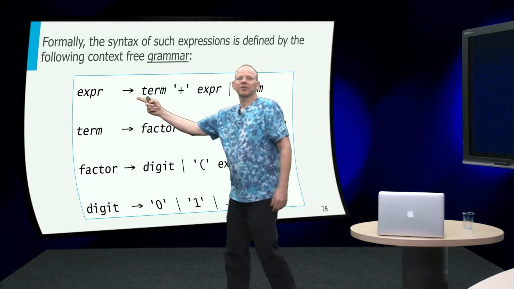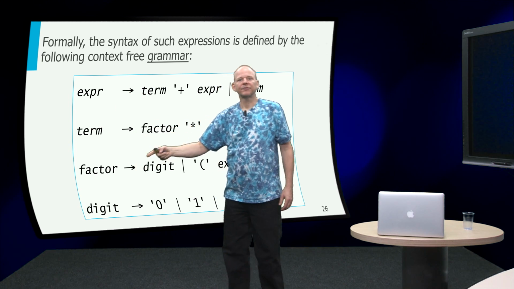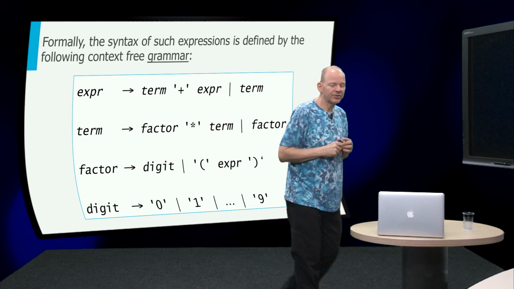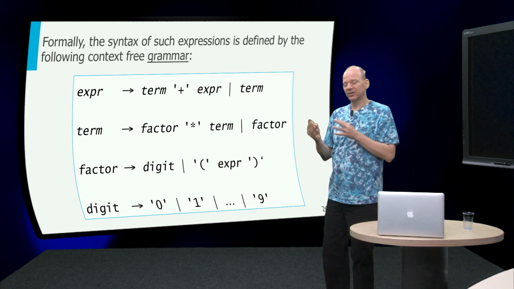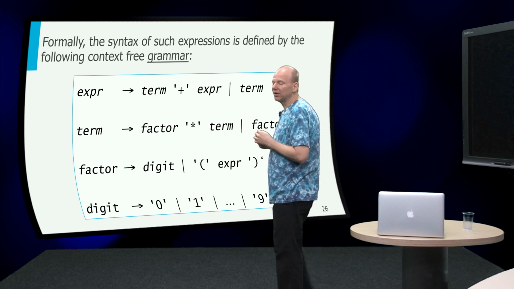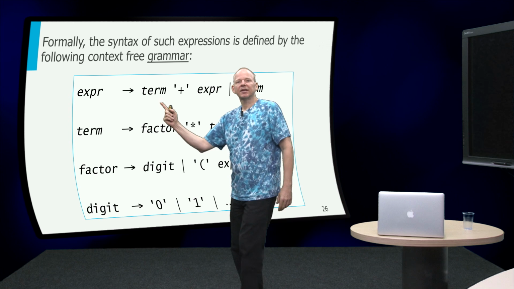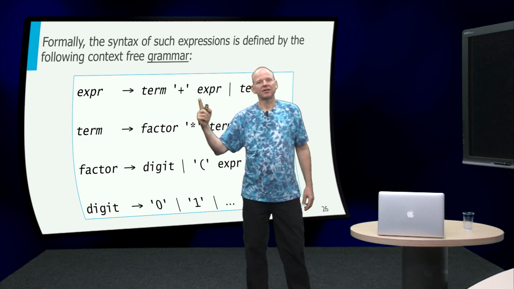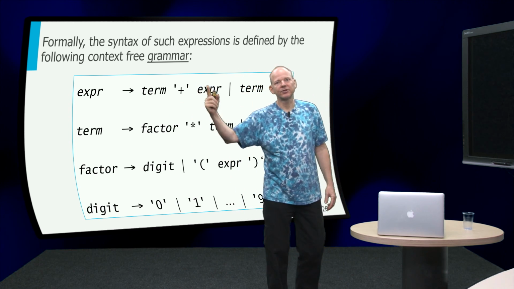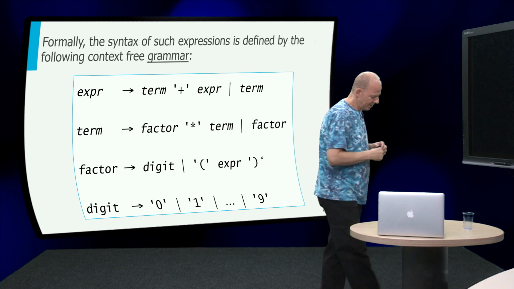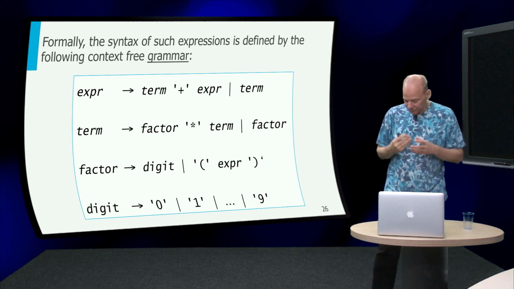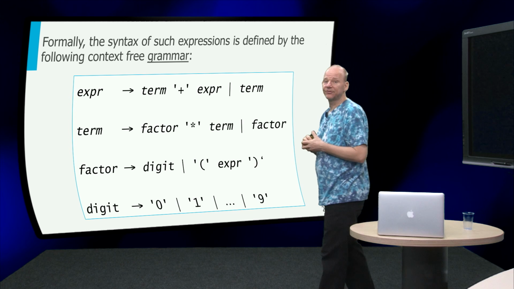So there's an expression, there's a term, there's a factor, and these 3 productions are used to encode the binding of the expressions, and the fact that these are defined in this recursive form encodes the associativity.